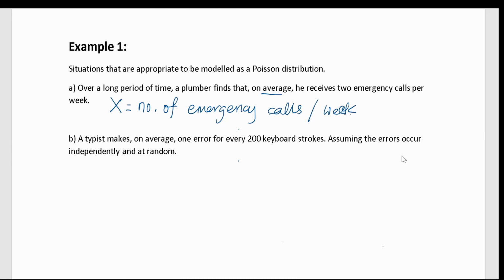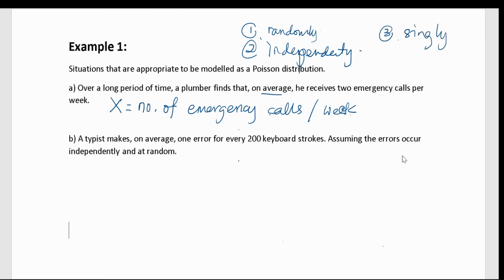According to the conditions we have just seen, first we must assume that the calls are random. Emergency calls will come randomly, and they are supposed to be independent. Then they have to happen singly. What does singly mean?